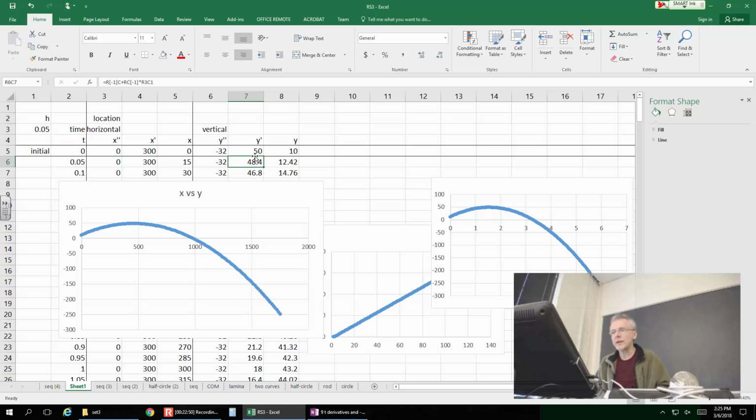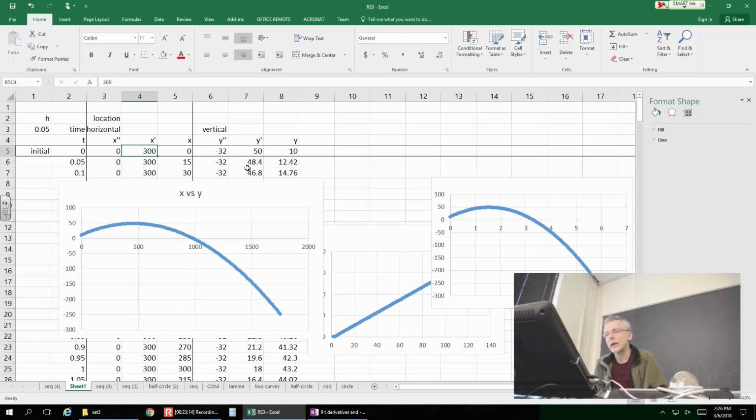So we start at 10 feet elevation, throwing at 45 degrees. It doesn't matter whatever numbers you enter, the spreadsheet will work it out for you.